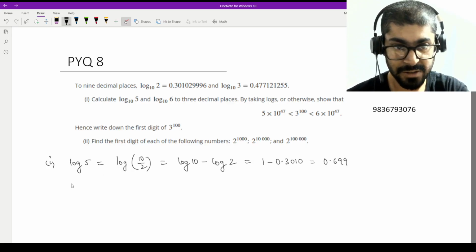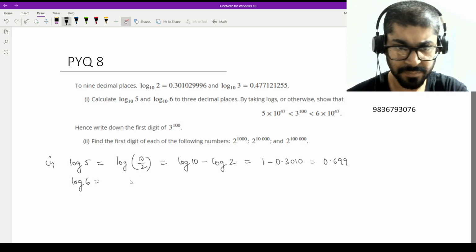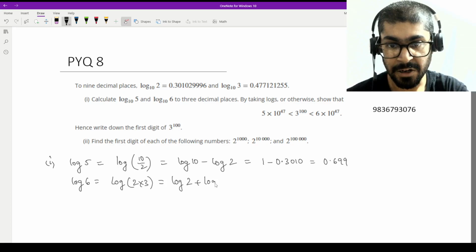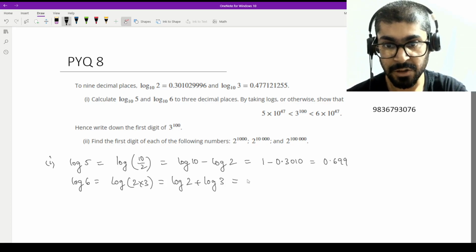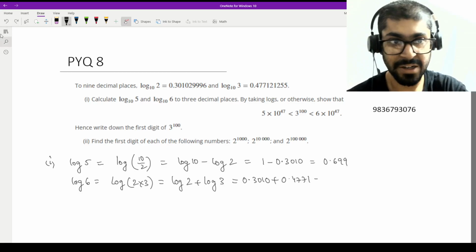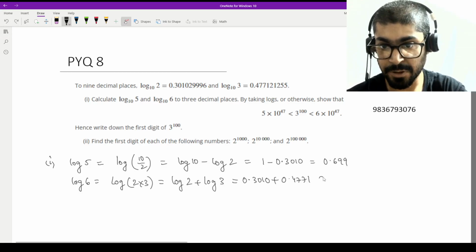Then we will do log 6. I can take 2 into 3, that will be easier. Log 2 into 3 is log 2 plus log 3. Now I have to add these two values. So 0.3010 plus 0.4771, and I'll do the addition and approximation in one step.